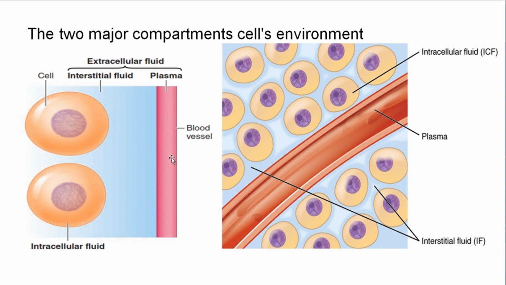White blood cells, red blood cells, and platelets are surrounded by plasma. All other cells except blood cells are surrounded by interstitial fluid.